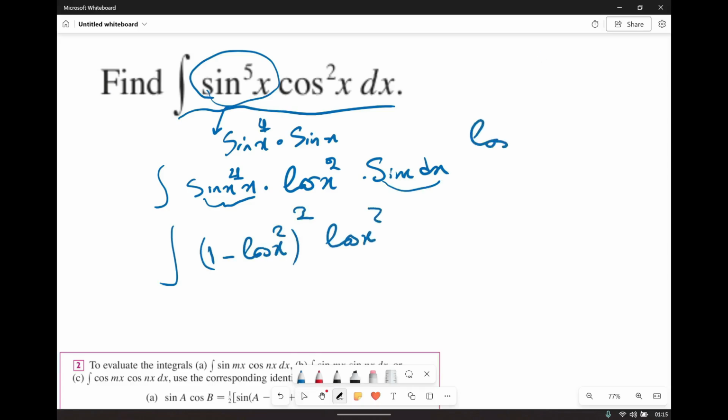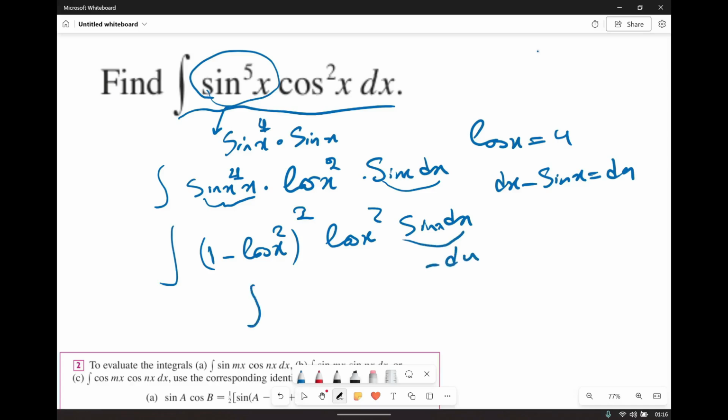If I put cosine x as u, then minus sine x dx is du. Therefore this is minus du, and our integral changes to 1 minus u power 2, parenthesis power 2, times u power 2 du.